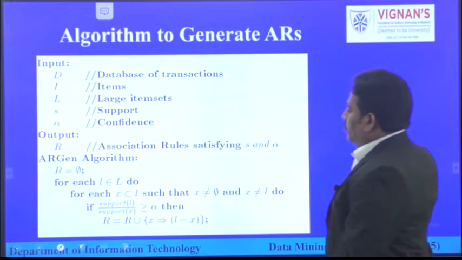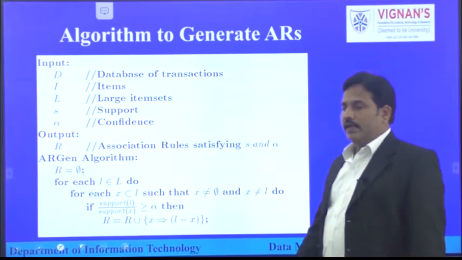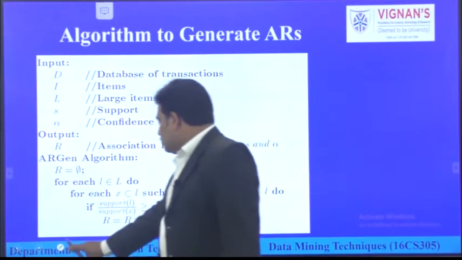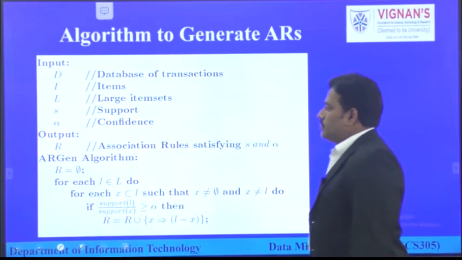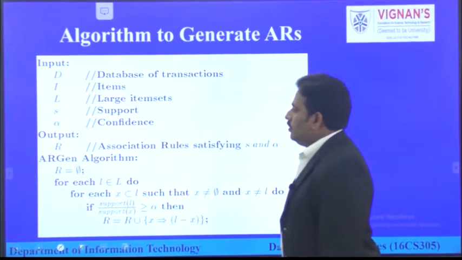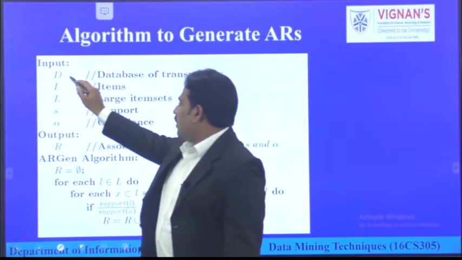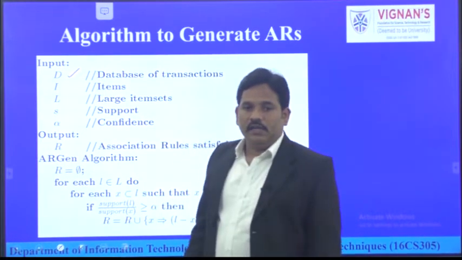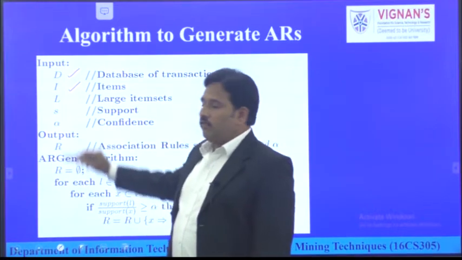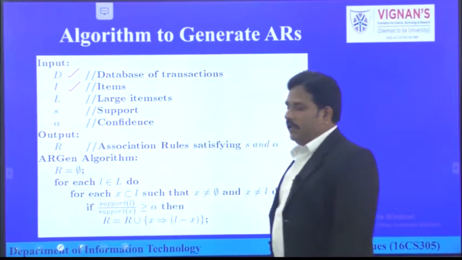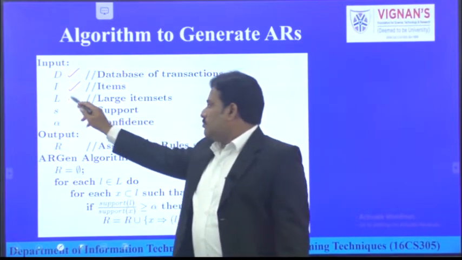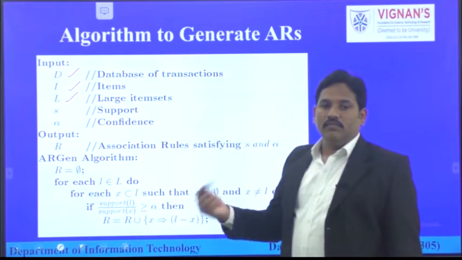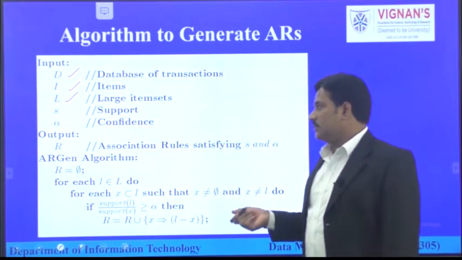Now, look at the algorithm that we apply in association analysis. The terminology used as inputs: D is the database of transactions, capital I indicates the items, and L indicates large item sets. That means larger item sets, where more items are repeated in a transaction.